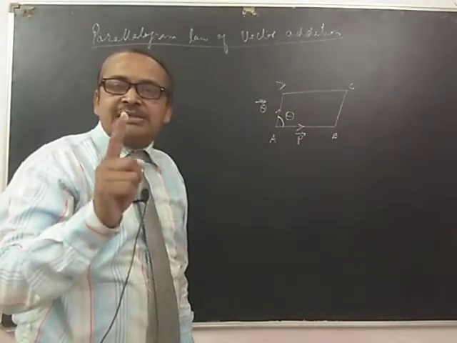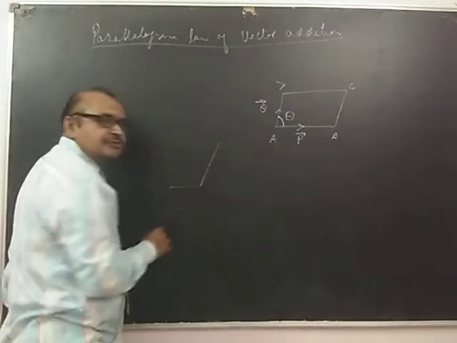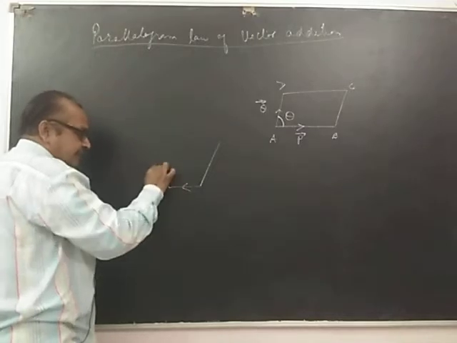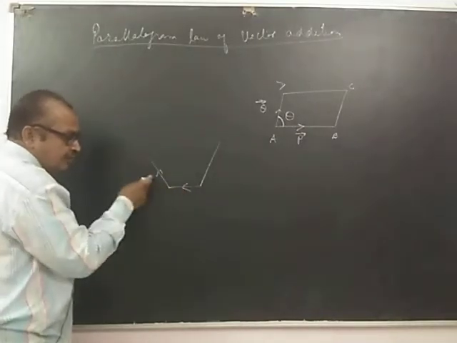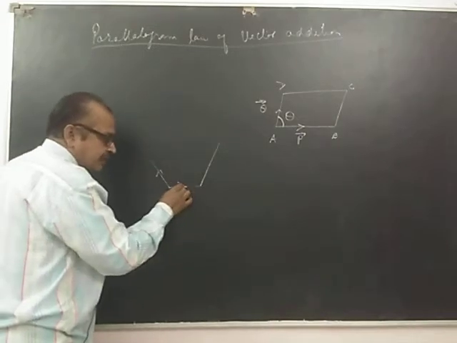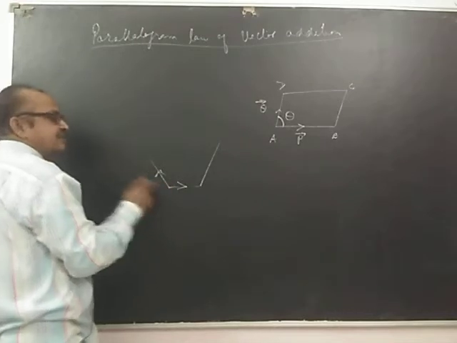Consecutive will be in the same direction. When we say consecutive, it is to this and this. Otherwise, if it is one direction like this and another like this, it will be considered as consecutive. But when I take one direction like this and one direction like this, it becomes adjacent.